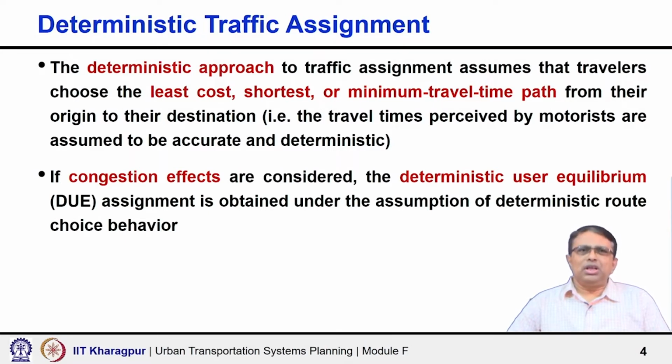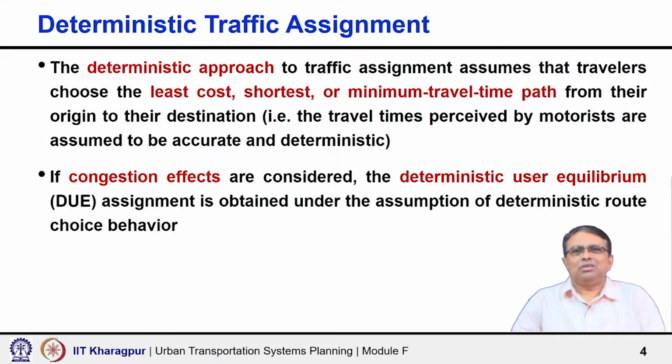If you consider the congestion effect, then the deterministic user equilibrium assignment is obtained under the assumption of deterministic route choice behavior. What is deterministic? Please recall our discussion in the mode choice context. Deterministic route choice behavior means we know that the route choice is going to be this one.